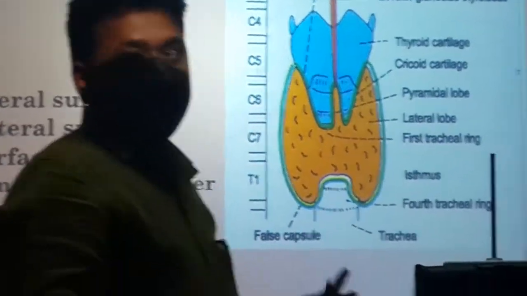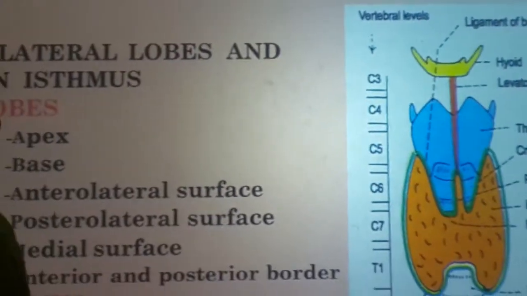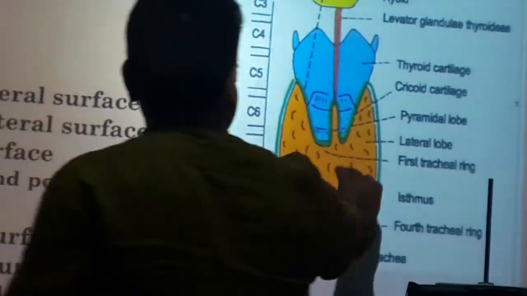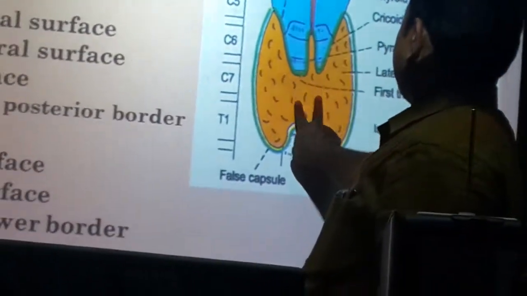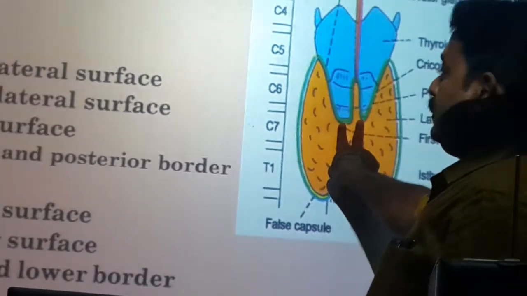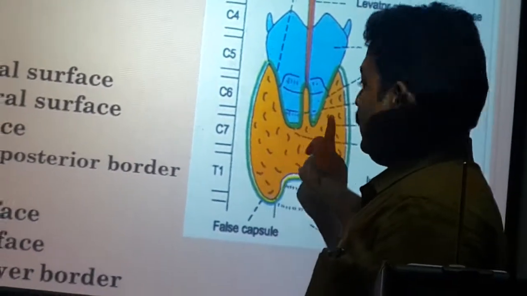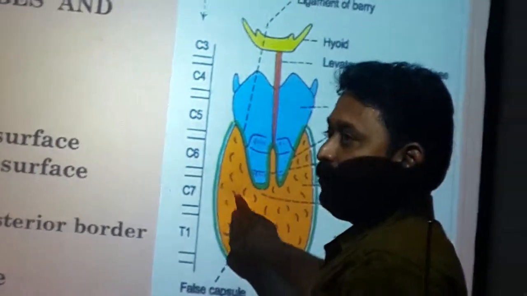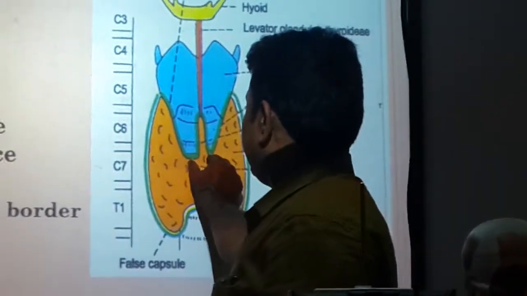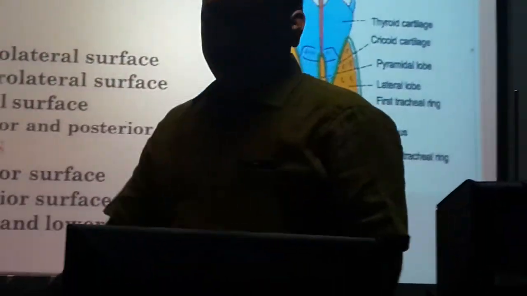So what is the isthmus? Isthmus is the center part. These two are the right lobe and left lobe, connected by the isthmus, the center part.